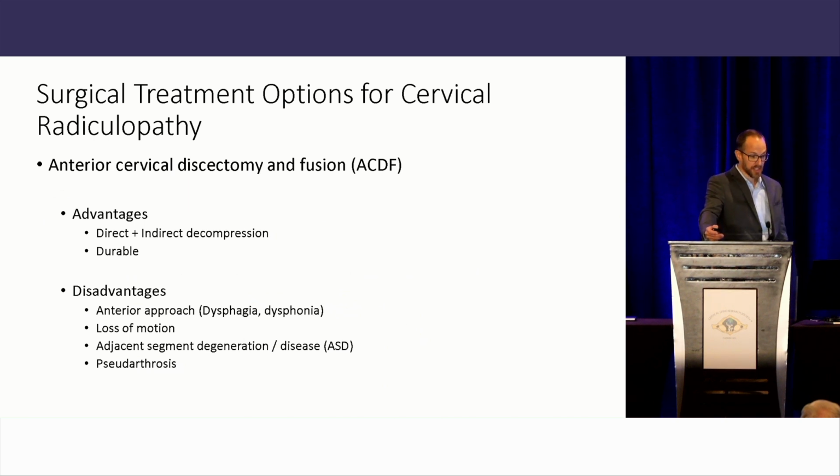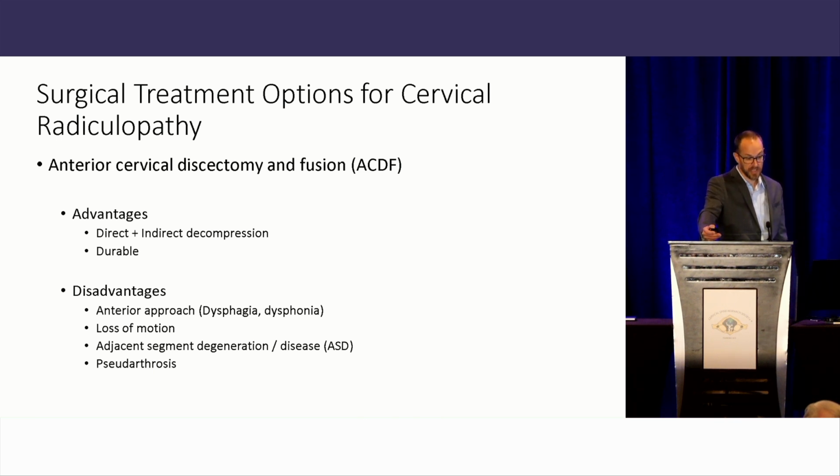Advantages of anterior cervical discectomy and fusion are that you can obtain a direct and an indirect decompression through graft height. When we get a solid arthrodesis, it's a durable treatment, at least at the index level. Its main disadvantages are the anterior approach. We have talks, I'm sure, coming later this weekend on dysphagia and dysphonia.